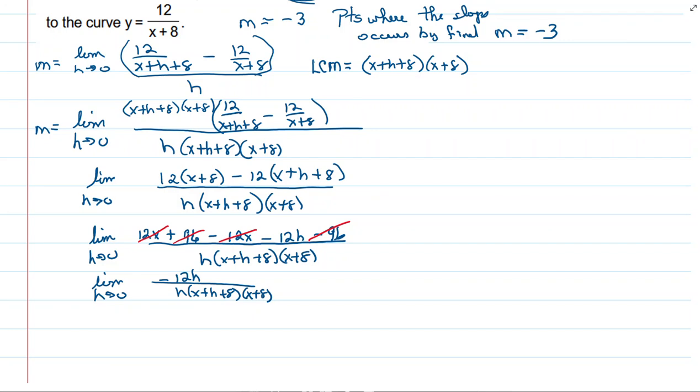All right, I'm going to cancel my h because it is a factor for the top and the bottom. So now I'm ready to take the limit and let h equal what?